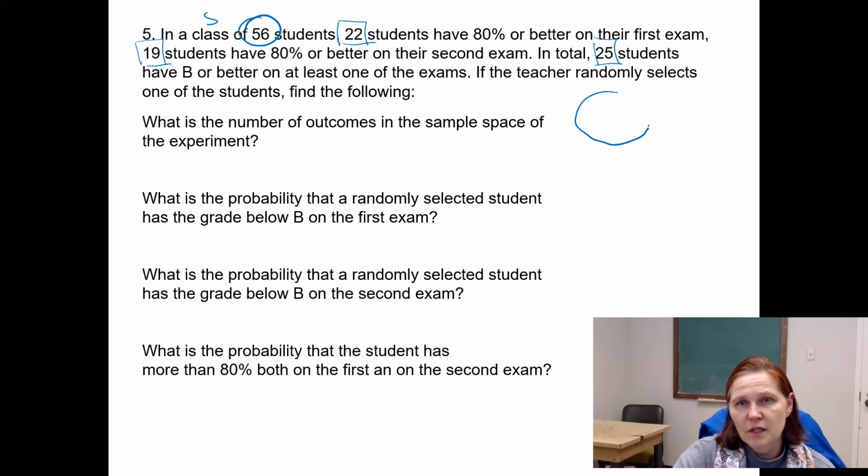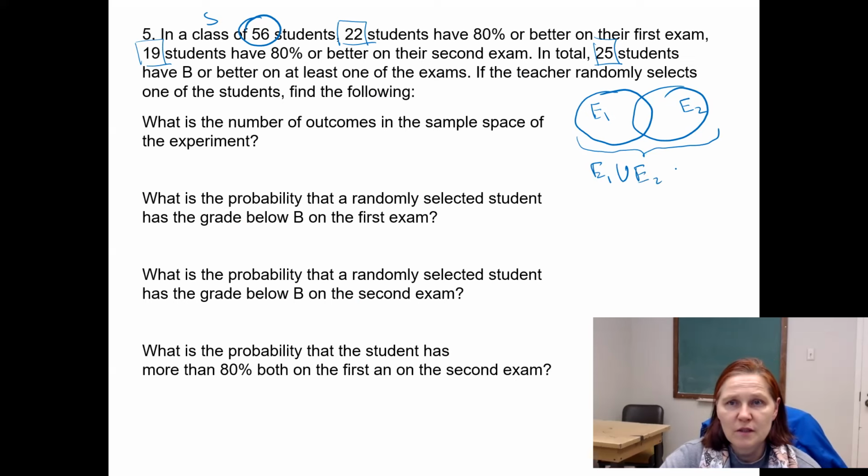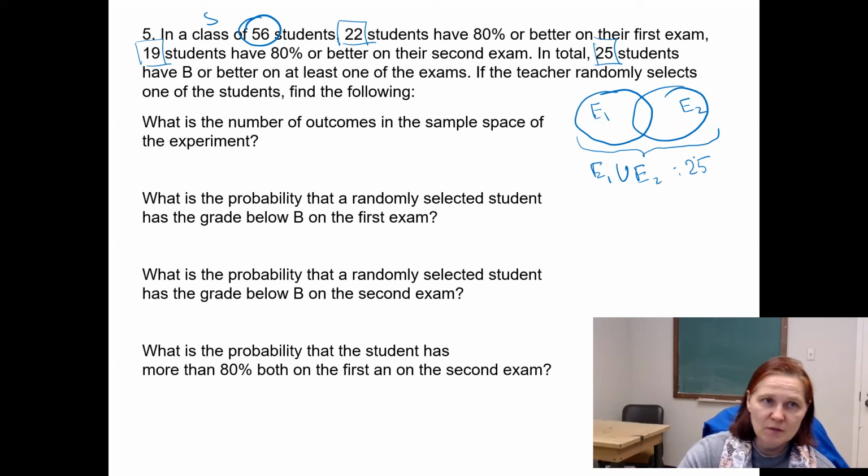So if we represent this as a set, exam 1, exam 2. On at least one of the exams means the union of events, E1 union E2, and here we have 25 students with at least a B on one of the exams.